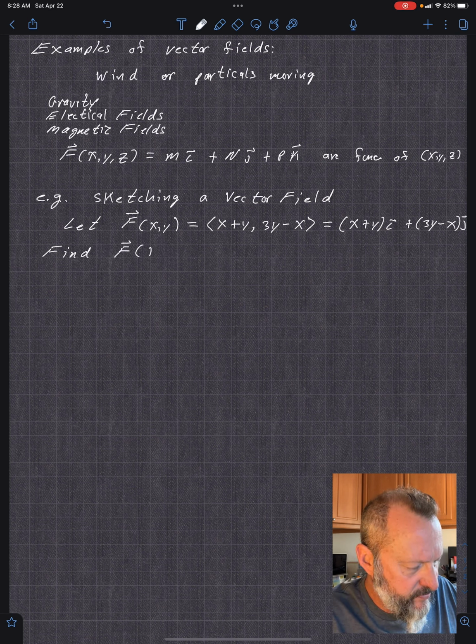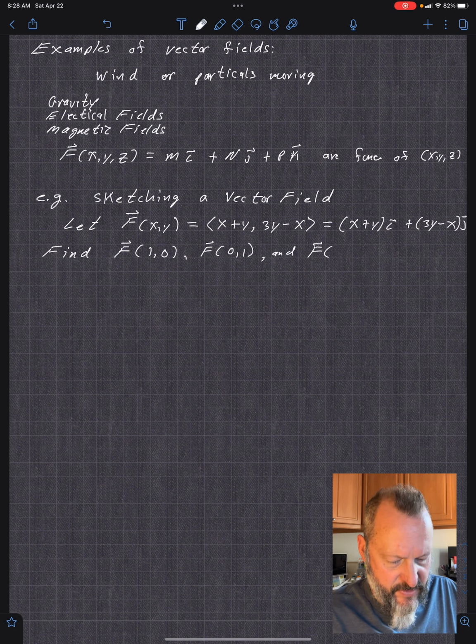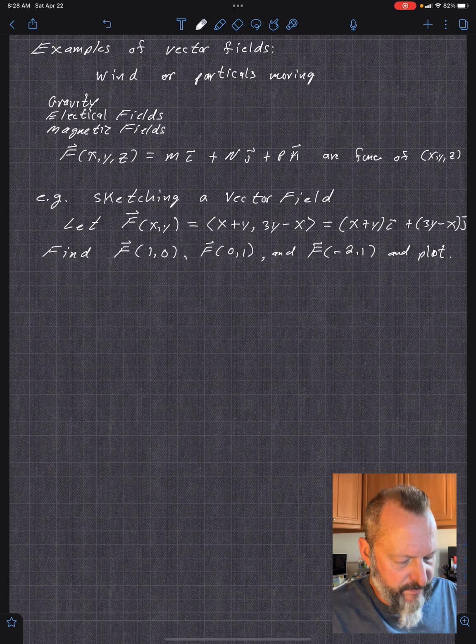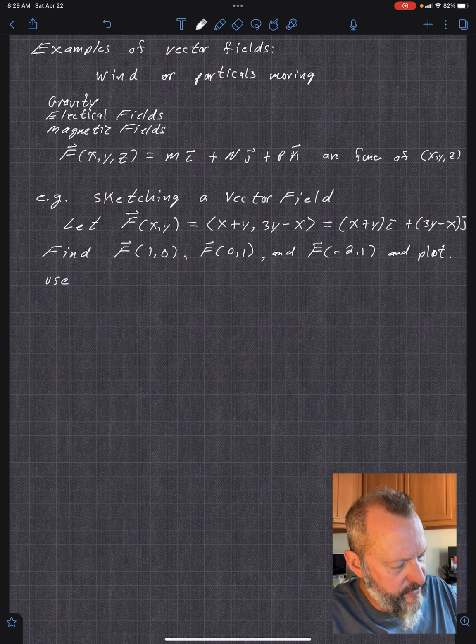F of 1, 0, F of 0, 1, and F of negative 2, 1, and plot. So use x, y, what's given, as the initial point.